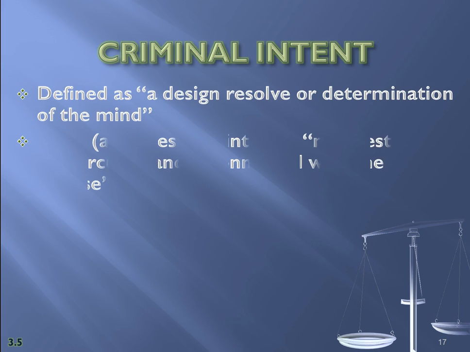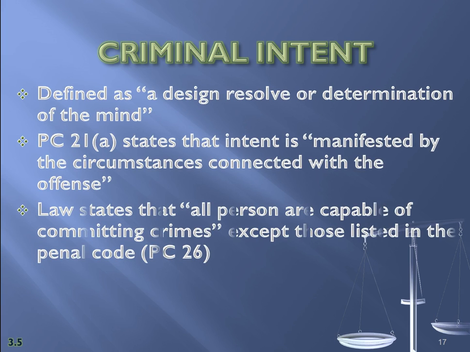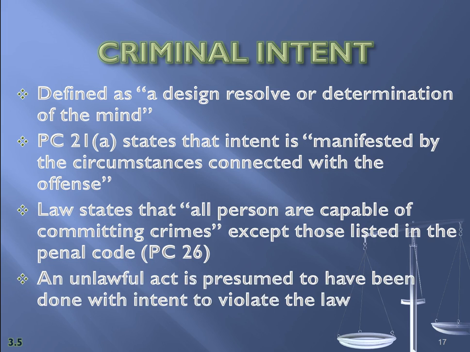In every crime or public offense, again, there must exist a union or joint operation of act and intent or criminal negligence. Remember Penal Code 20. Criminal intent is the second of the two elements. The first is the act necessary for the commission of every offense.